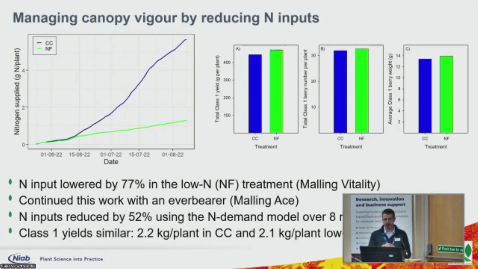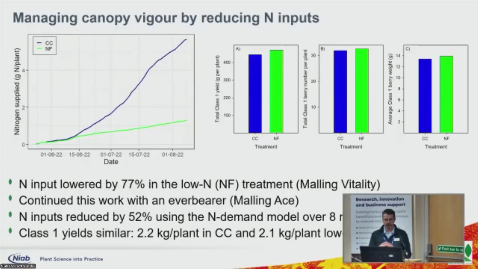The green line is the amount of nitrogen applied using the outputs from the N demand model. So there's a significant reduction in the amount of nitrogen applied over the cropping season for Marling Vitality. In the graphs on the right-hand side, you can see no significant effects on yield, berry size, or average berry fresh weight.